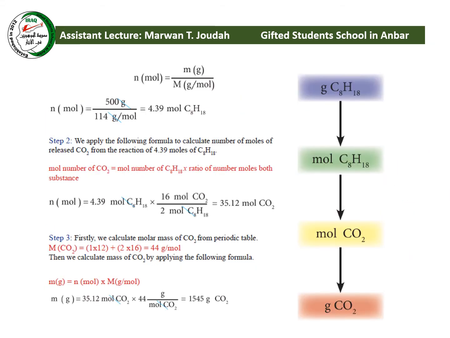The second step is to use the law, which is number of moles equals mass over molar mass. So this is for C8H18. Now we have not done anything regarding the missing CO2. The question says we want to calculate the mass of CO2, however, we don't have any given numbers regarding the CO2, but we do have the mass of C8H18.